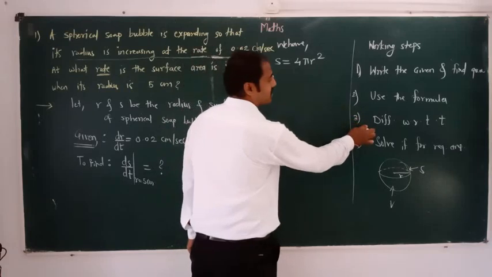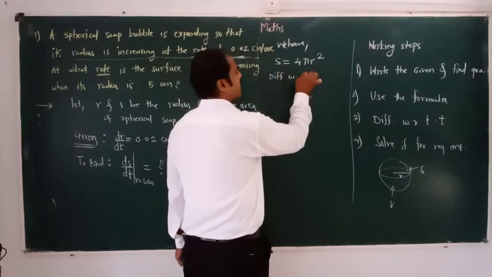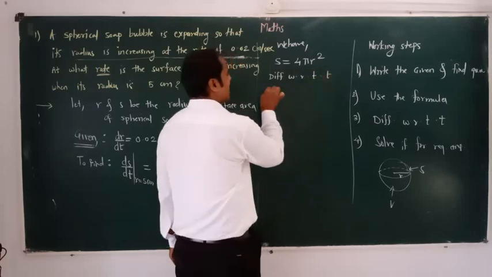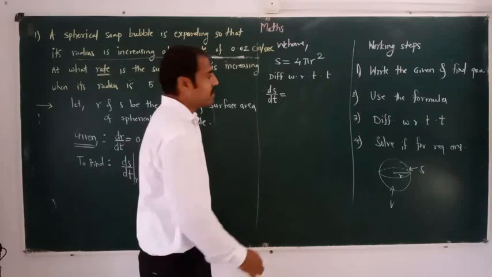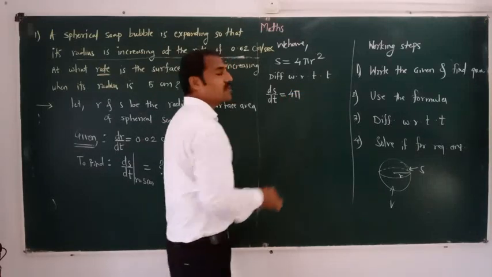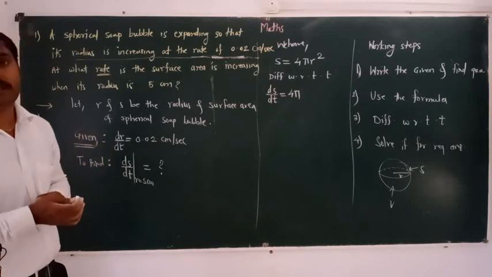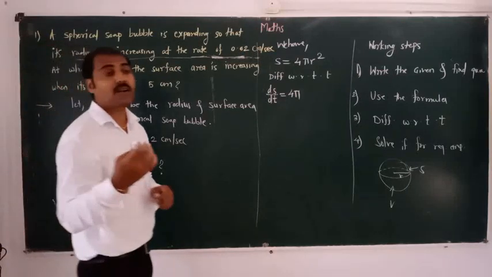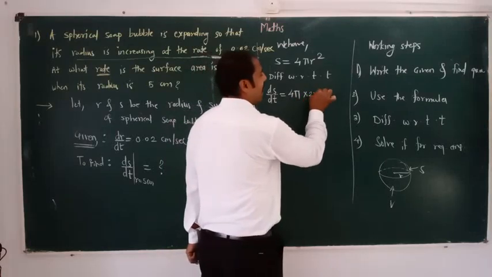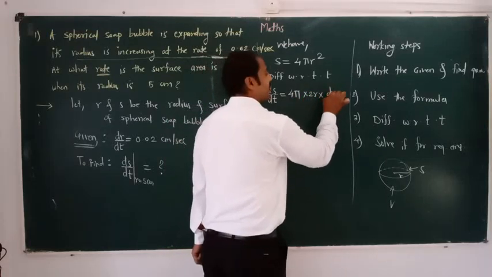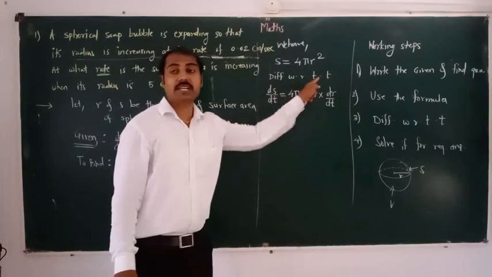Now moving to third step, differentiate with respect to t. Differentiating with respect to t, we get derivative of s with respect to t is ds by dt equals 4 pi, 4 is constant, pi is constant. Now look here, r is a variable, so differentiate r square with respect to r. Derivative of r square is 2r, multiplied by dr by dt, since we are differentiating with respect to t.